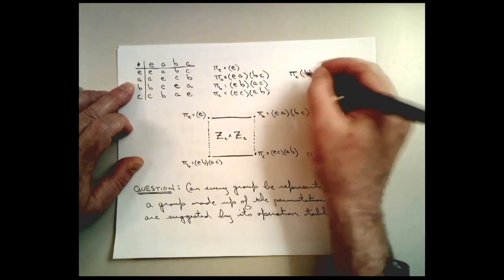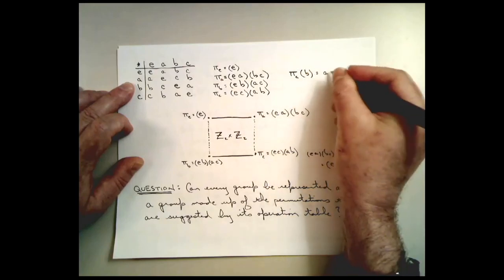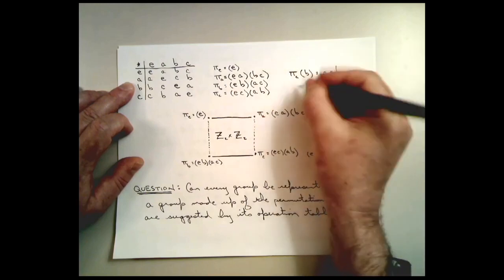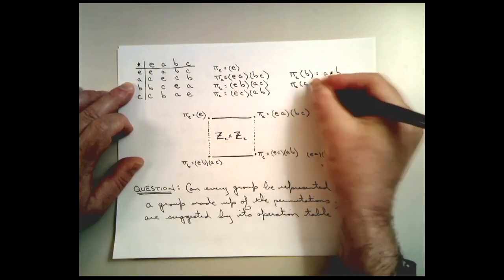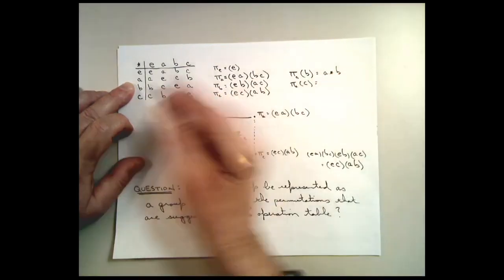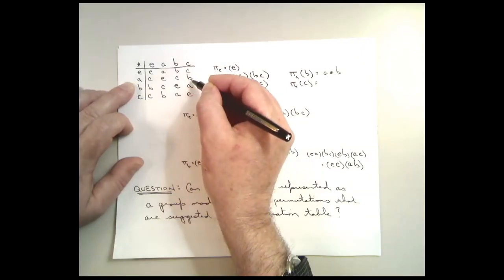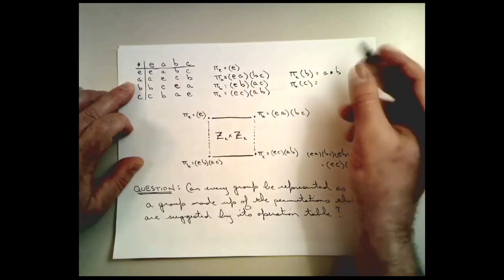So, right, pi sub A of B could be thought of as A times B. Sticking with pi sub A again, pi sub A of C, for example, well, let's see. That's in the position in the table that I'm getting A times C from. Right? B is A times C.